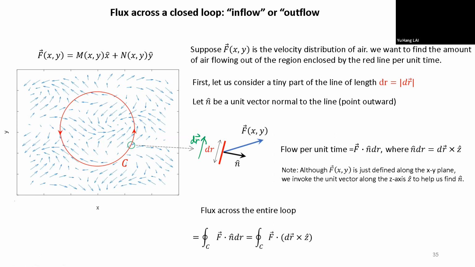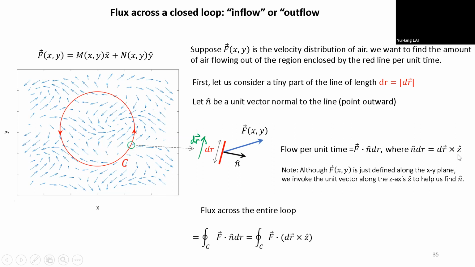My dr is pointing up like this, and my z vector is pointing to you. Using the right hand grip rule, you'll find a vector that is pointing exactly along the n hat direction.